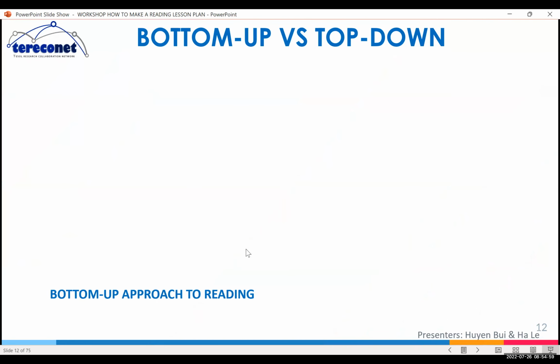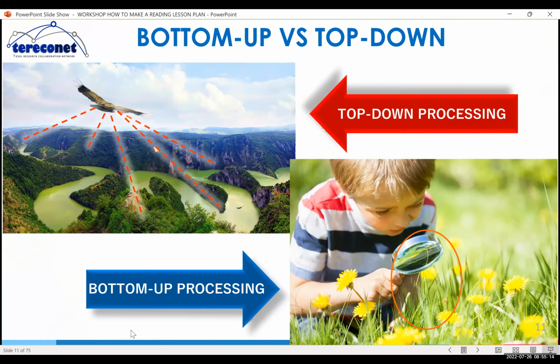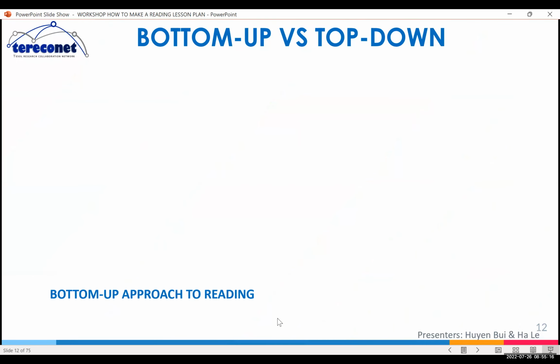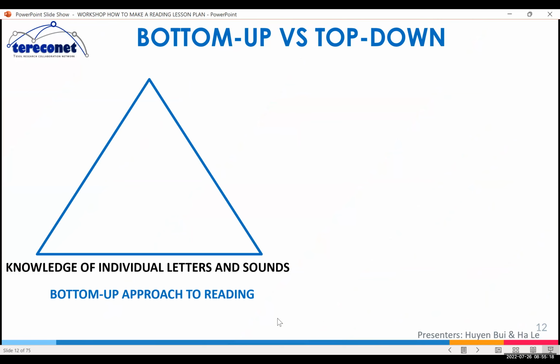The bottom-up approach to reading will start with the knowledge of individual letters and sounds. However, that is for children. We do not teach children. So we will start with the words and sounds because our learners, I mean our students, already have the ability to understand a reading passage in L1.